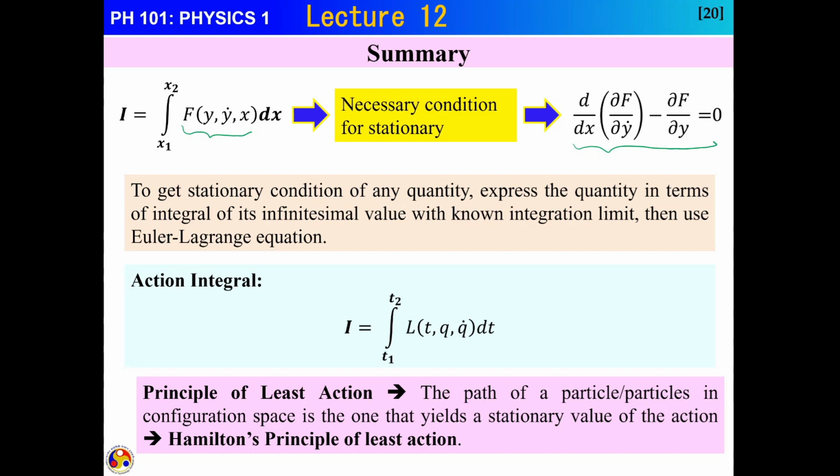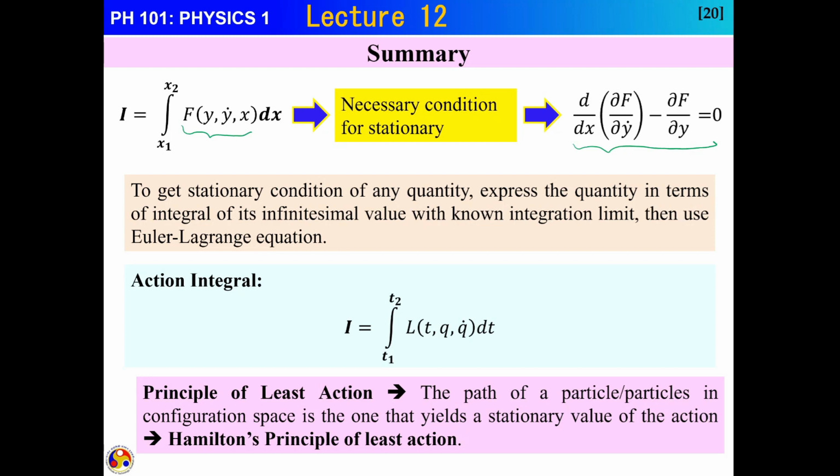The action integral between time t1 and t2 can be in this functional form, which gives the idea of the least action. We call it the principle of least action: any path of a particle or particles in a given configuration space is the one that yields the stationary value of the action.